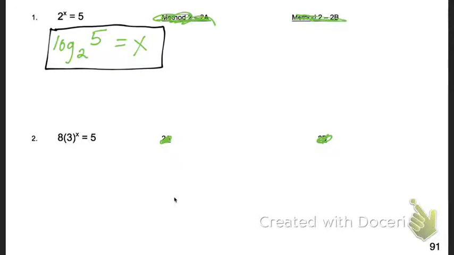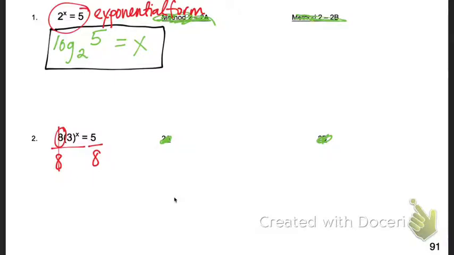Now, number 2, if you have a number in front, what do you need to do with that? You need to divide it out. Because you want to get it in exponential form first, which is like 3 to the x equals number. This right here is exponential form. You want it to look like this before you can convert it to a log.